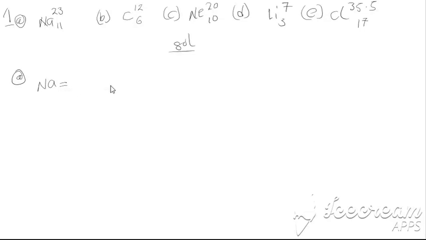And you know that sodium has 3 shells. Now in the first shell, how many electrons must be there? The maximum number of electrons. And in the second shell, how many electrons must be there? And the last shell, how many electrons must be there? To know the number of electrons it must accommodate in each shell, it's by the octet law. It states that the first shell should accommodate up to 2 electrons. You remember that formula?